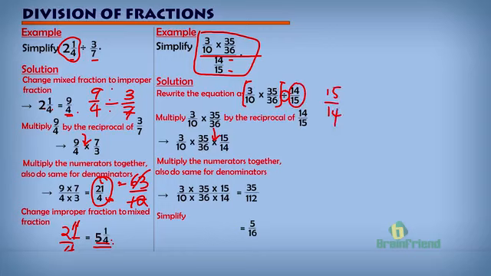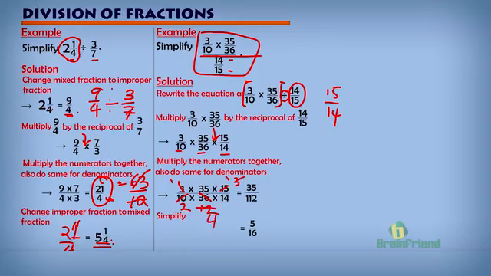So we have 3 times 35 times 15, all over 10 times 36 times 14. Let's see if we can simplify what we have on the board. 3 goes here, 1. 3 goes here, 12. 5 goes here 3 times. 5 goes here twice. Again, what else can we have? 3 goes here, 1. 3 goes here, 4.